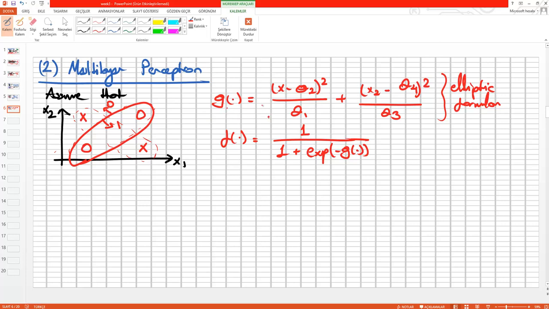Yes, the internal part is 1, the other part is 0. We can condition that. This is the specific formula, like a circle, for example. But in neural networks, we could not reach the total formulation for specific cases, or it's too difficult. And so we always use these terms.